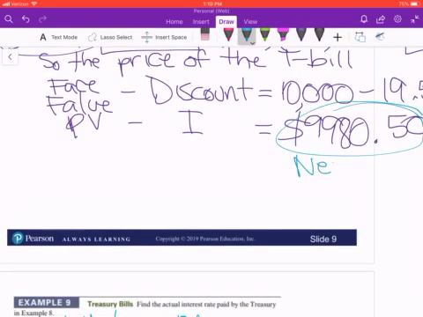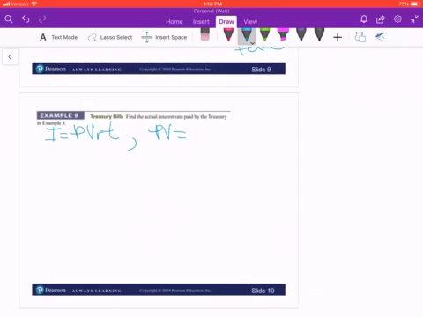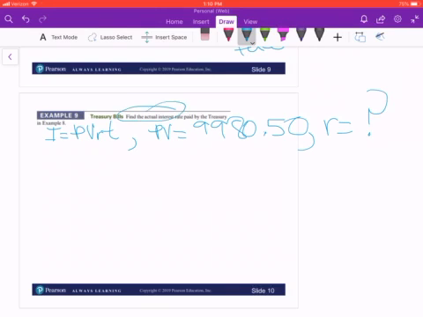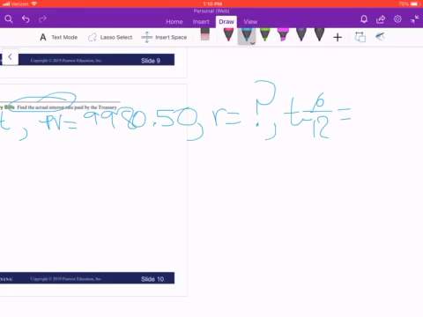This is the new present value, or face value, and so that will be $9,980.50. For the rate, that's actually what we're looking for: the actual interest rate. And for the time, we have 6 months, 6 over 12, so we will be using 0.5 or 1/2, whatever you want.